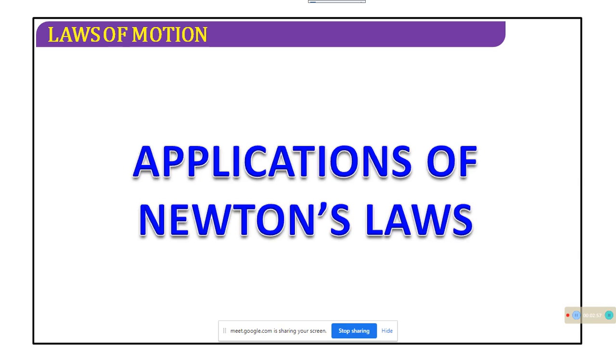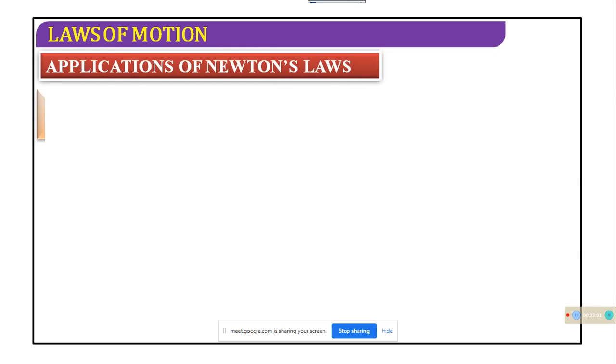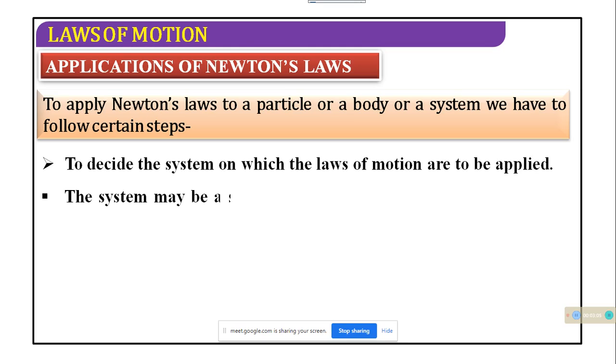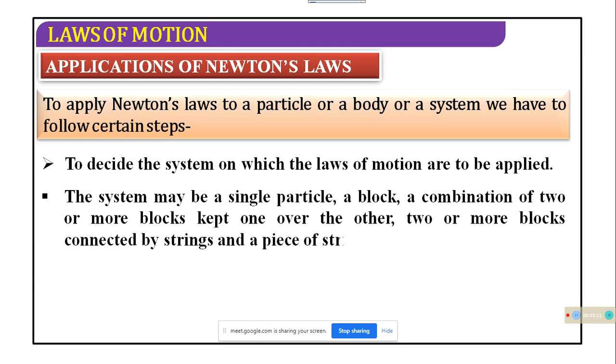Application of Newton's law. To apply Newton's law to a particle, a body or a system, we have to follow certain steps. First, decide the system on which the law is applied.